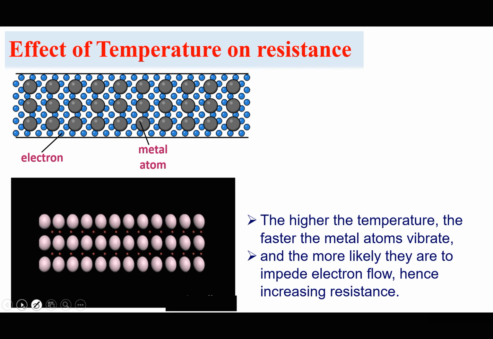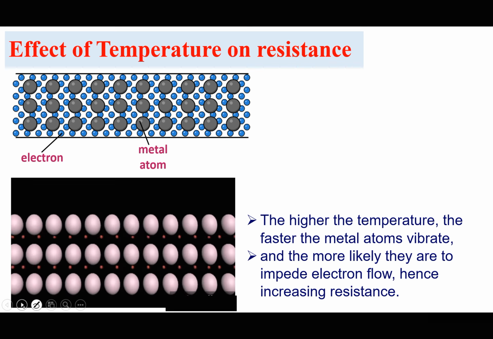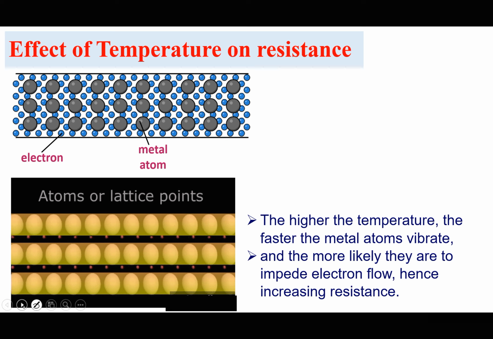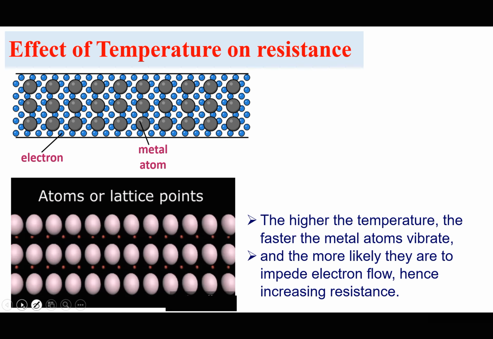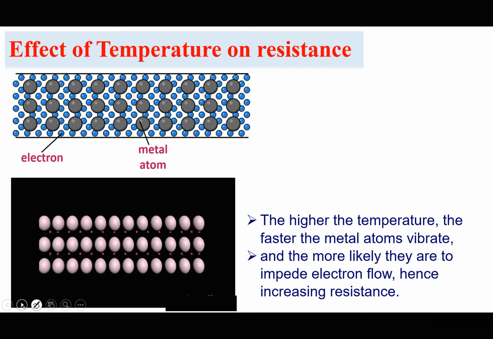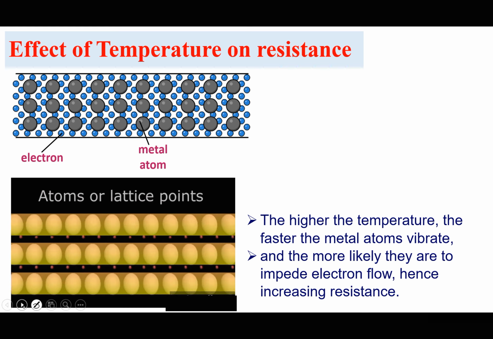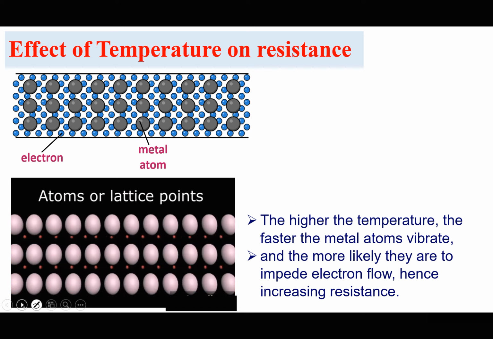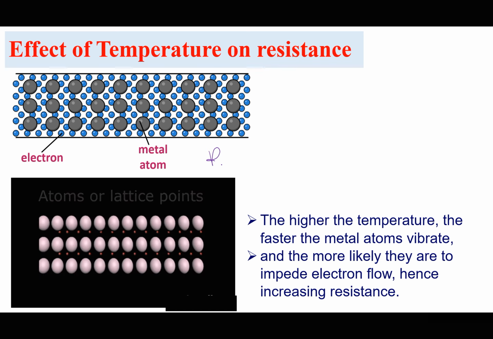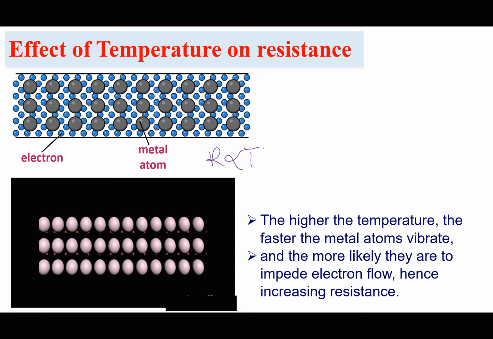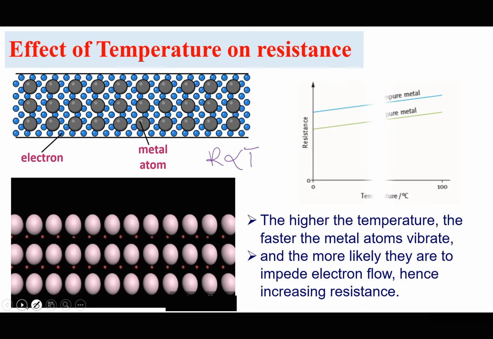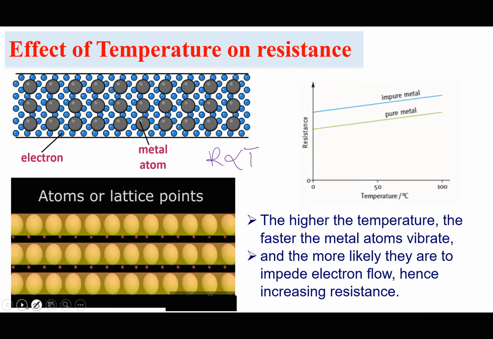So if the temperature is high, the vibration of the atoms is also high. Therefore, they are more likely to interrupt the free movement of the electrons. And if the free movement of the electrons is interrupted, we say the resistance increases. Hence, we are saying resistance is directly proportional to temperature.